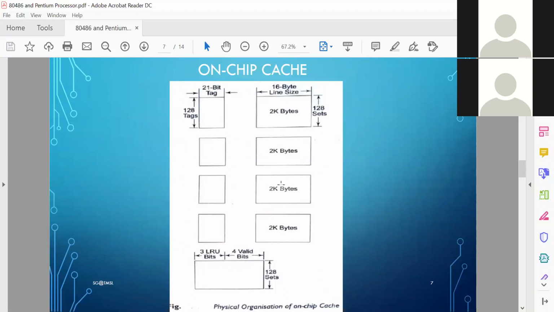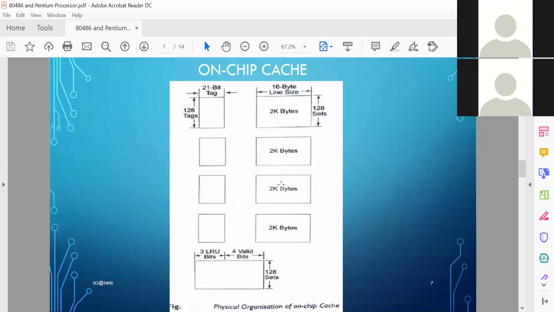To accelerate the speed of operation, 8 kilobytes of on-chip cache is available. However, even with this added feature, the 80486 is fully software compatible with the previous microprocessors like 8086, 286, 386.